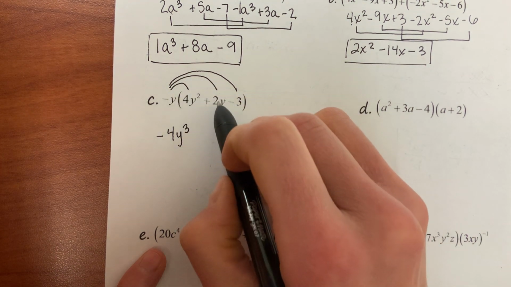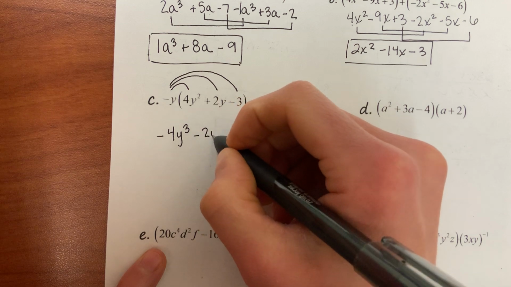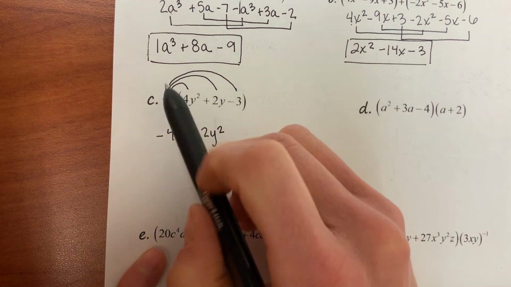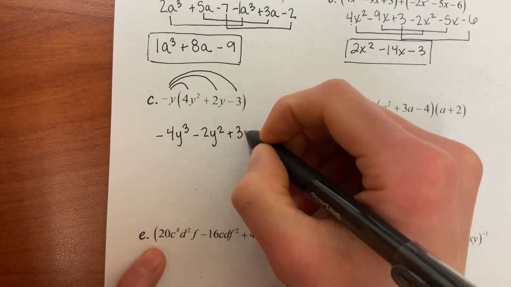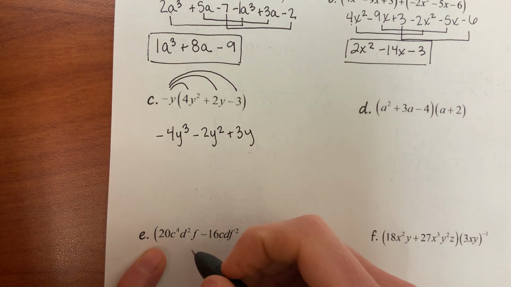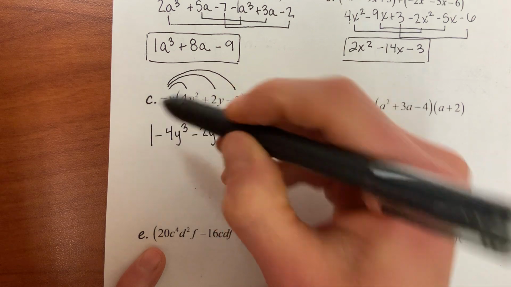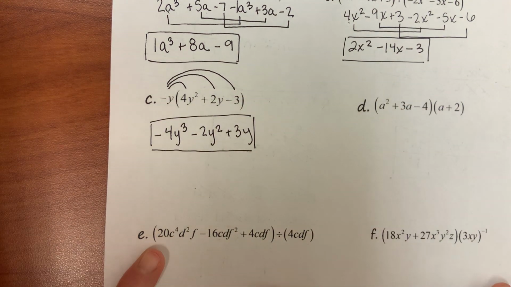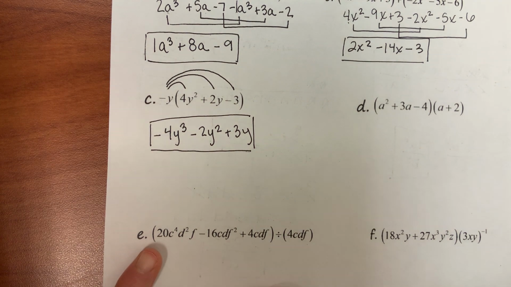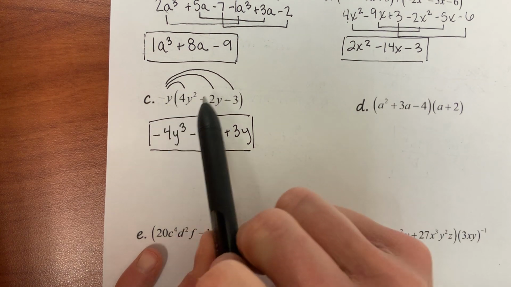Negative y distributed to 2y is negative 2y squared. And negative y distributed to negative 3 will give me positive 3y. Right? And you are done. Okay. So that one was just simple distribution.